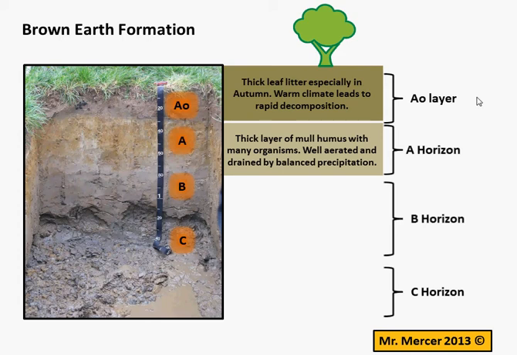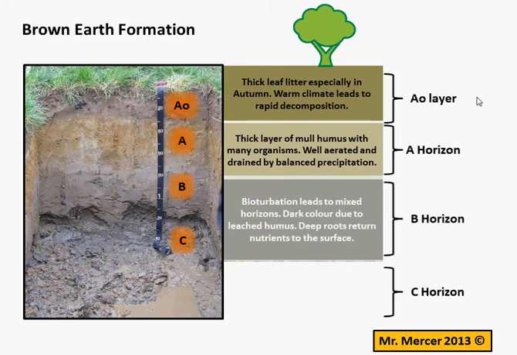I should also point out that the humus layer is a mull humus and is therefore not very acidic, and that encourages organisms even further. When we talk about organisms, you could give examples such as worms or even bacterial life. Now, the movement of worms through the soil means that it is well aerated and could be described as loamy. It also improves drainage and encourages the cycle of nutrients back towards the surface.